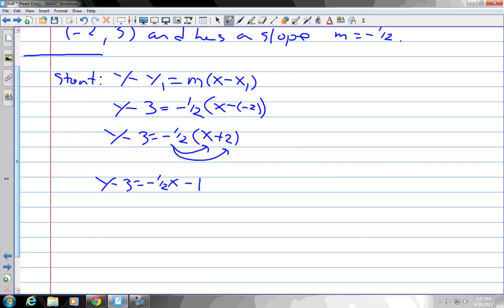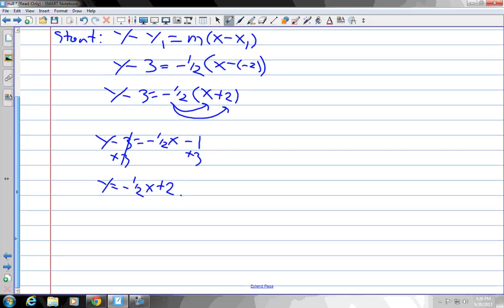Negative 1/2 times 2 will give you negative 1. And then add 3 to both sides. y equals negative 1/2 x plus 2. So that will be the equation of the line that passes through the point -2, 3 and has a slope of negative 1/2.